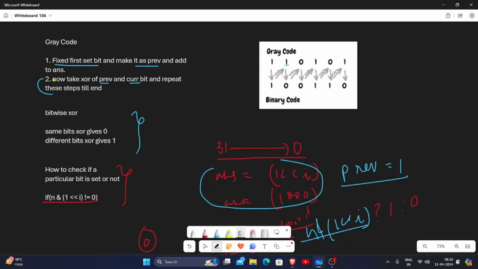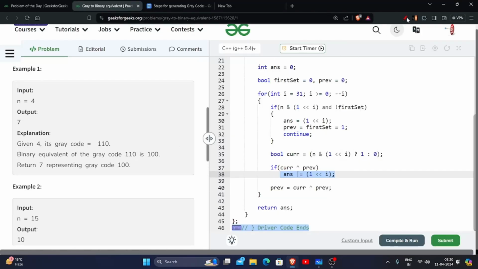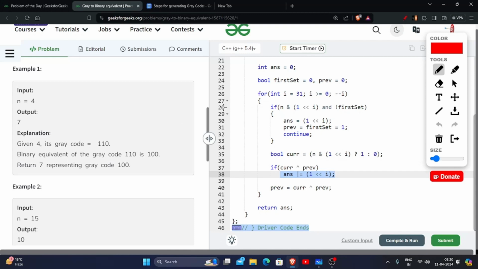But eventually, when I explained this, I think that was also understood, because what we actually did was this only. Although it should have been explained earlier, let's consider it now also. So we have 4, and for 4 we know it is 100. We need to find the Gray code for this. So for this we fix 1, then this would be previous 1 and 0 will give 1, then this would be previous 1 and 0 will give 1.